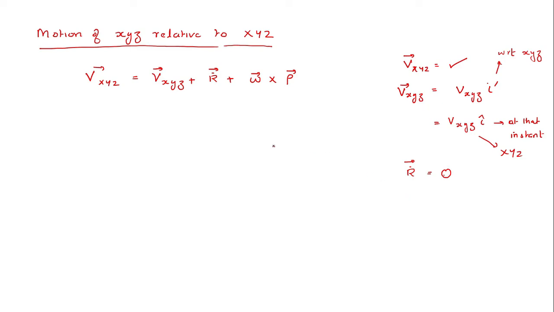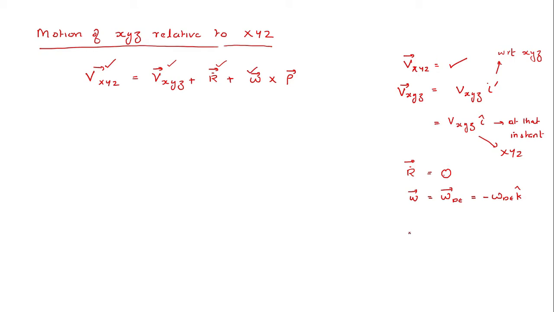Next, we had looked into the terms v capital XYZ, v small xyz, r dot, and omega vector, which is omega DE vector, which we had already obtained as minus omega DE into k cap.